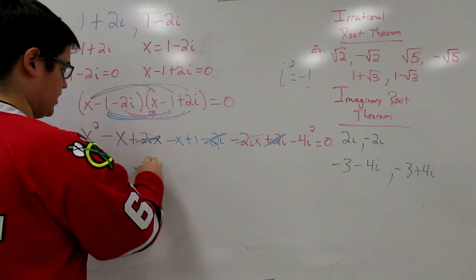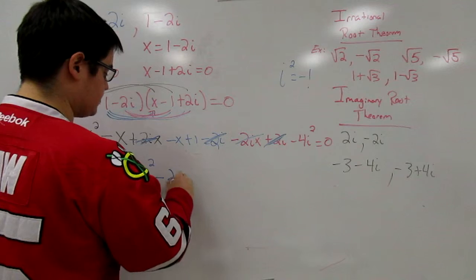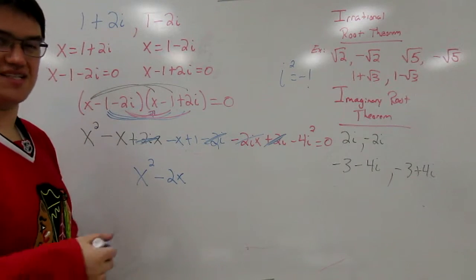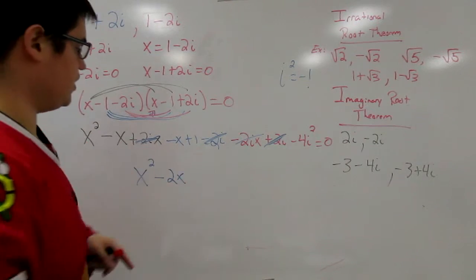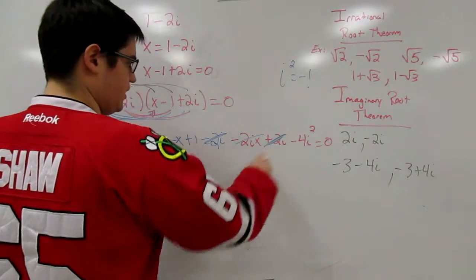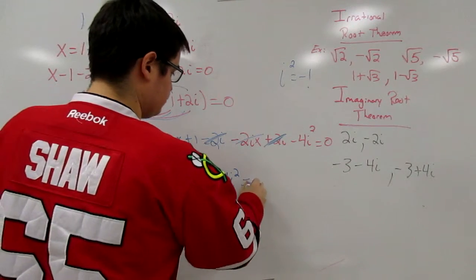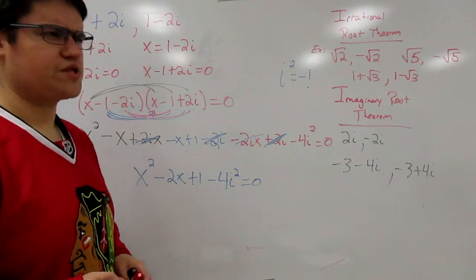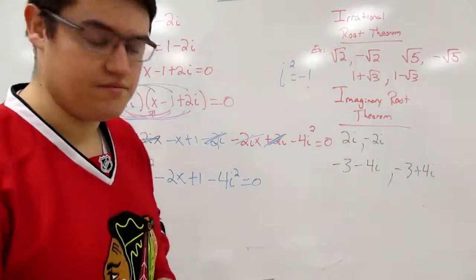So I have an x squared, negative x minus x is minus 2x. Be careful, a lot of people think the x's cancel too. But not you. Plus 1, and then minus 4i squared equals 0. But, Mr. Pons, doesn't i squared equal negative 1? Exactly!